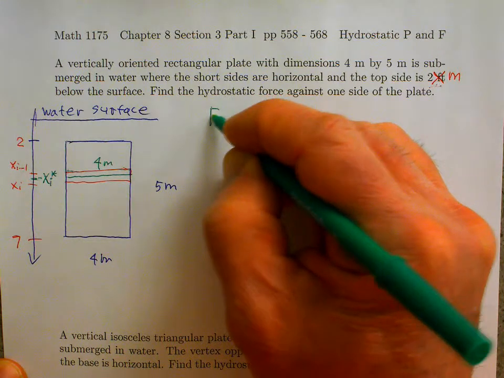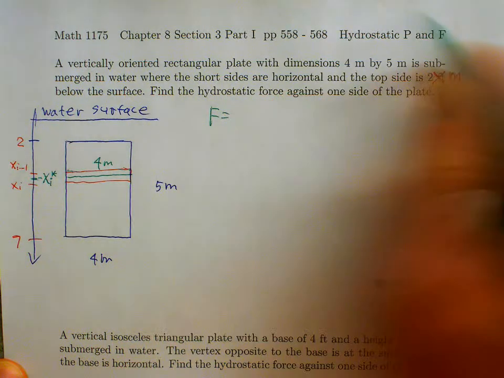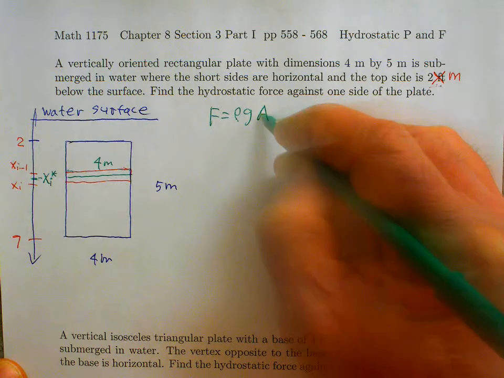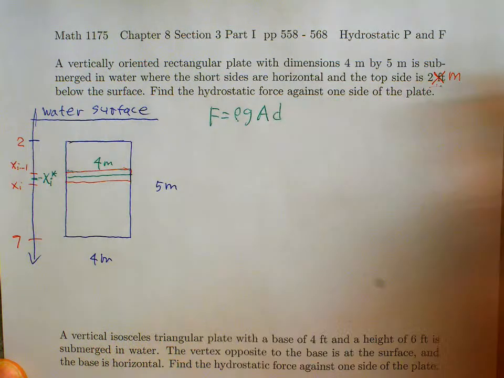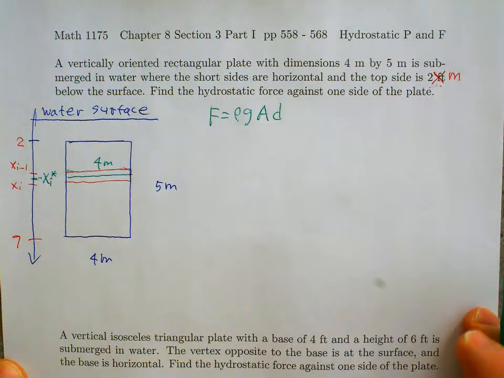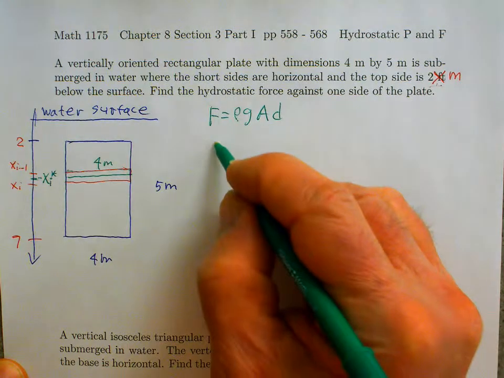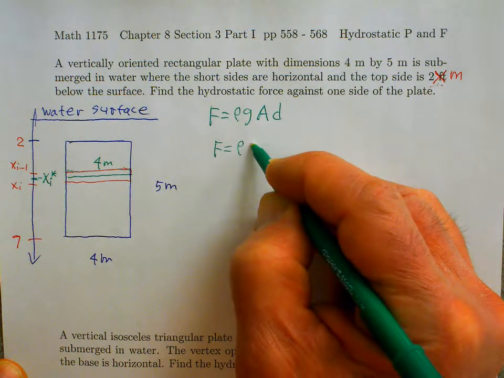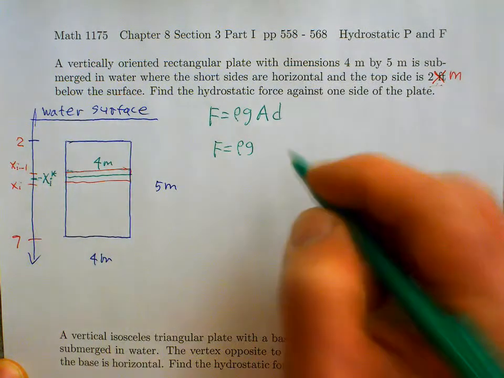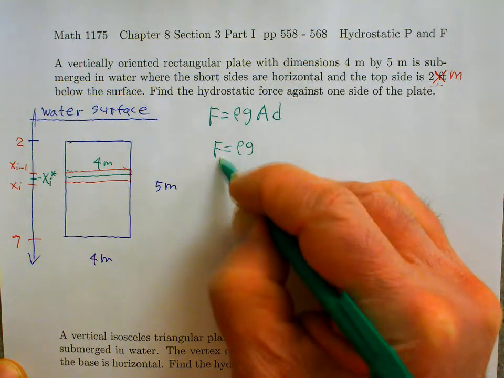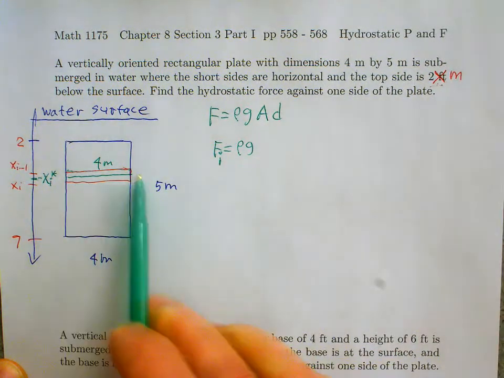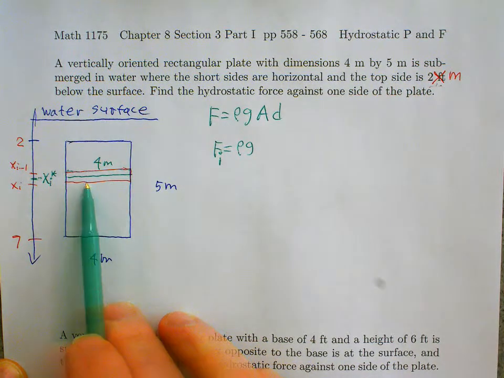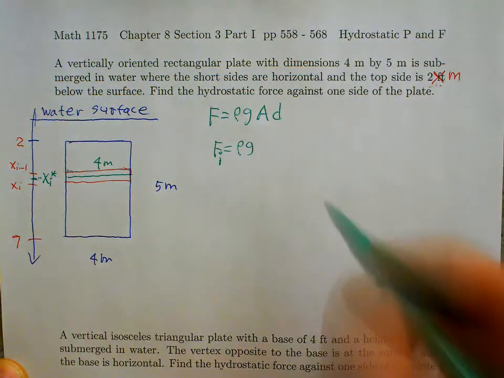So our hydrostatic force, rho times g times the area times d, so A sub i is, this is F sub i for the hydrostatic force on this rectangle on that interval.